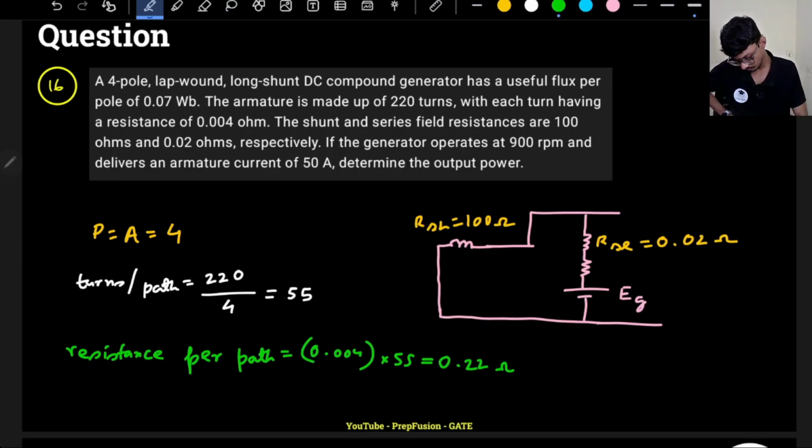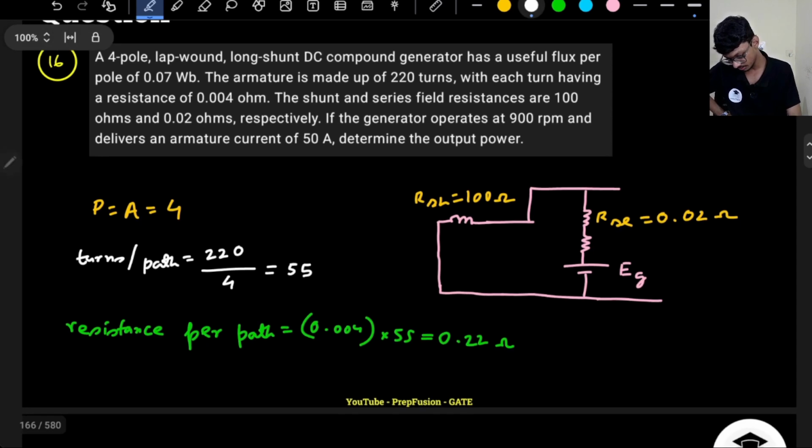Now each path has 0.22 ohms. I have 4 of these paths in parallel, so I have to divide that by 4 again.